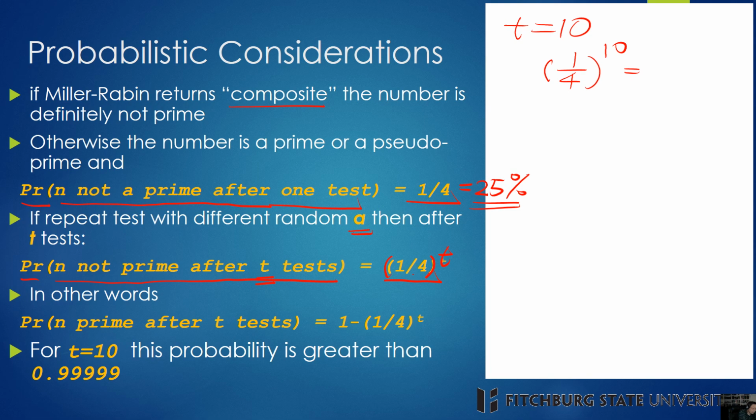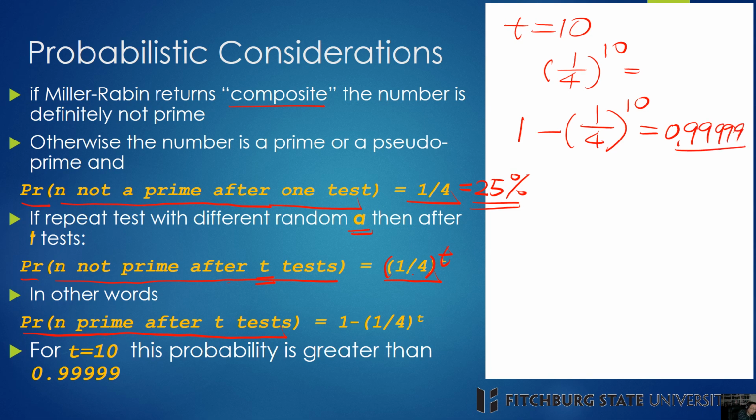In other words, the probability that n is not a prime after t tests is 1/4 to the t. Then the probability that n is a prime after t tests is 1 minus 1/4 to the 10, which gives you about 0.9999.